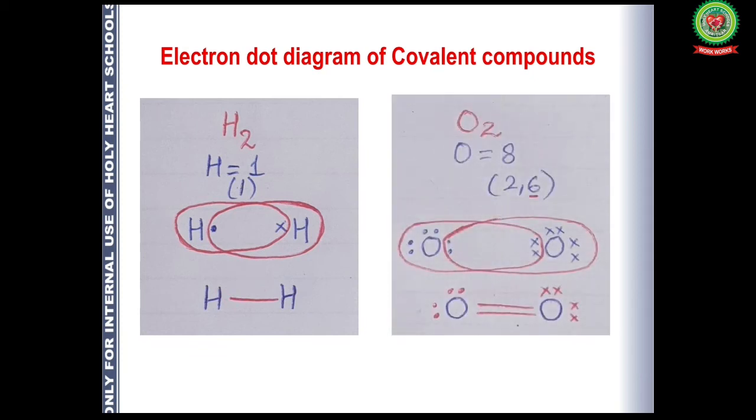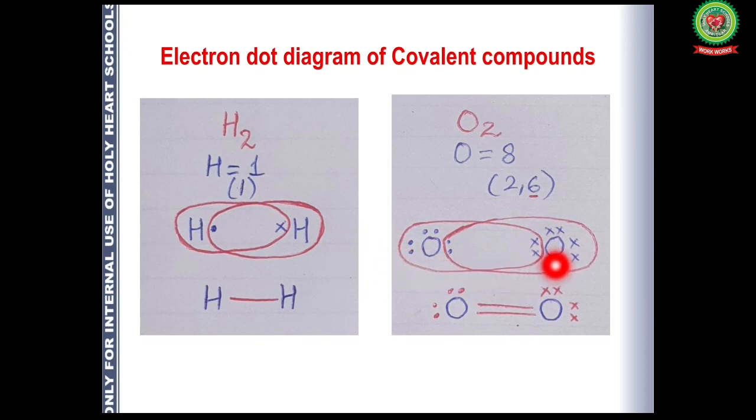In the case of oxygen, the atomic number of oxygen is 8. That means the electronic configuration is 2, 6. One oxygen requires two electrons. So how are we going to write? First we'll draw oxygen with its valence electrons, and one oxygen has 6 valence electrons. It will share 2 electrons of the other oxygen and complete its octet.